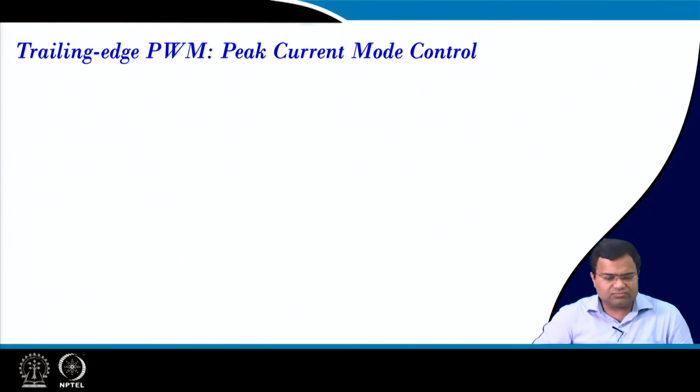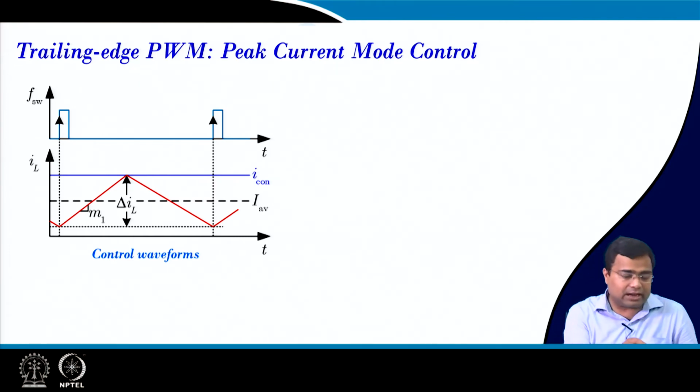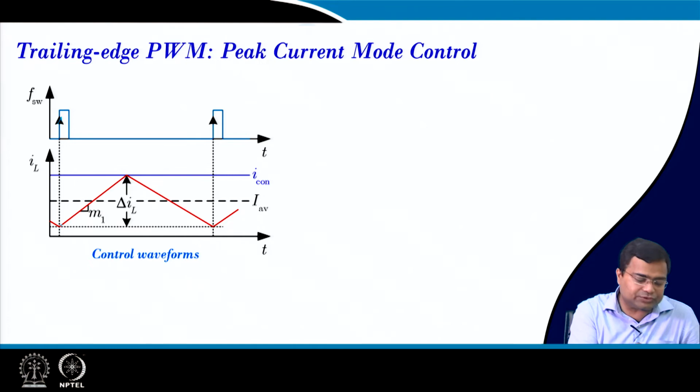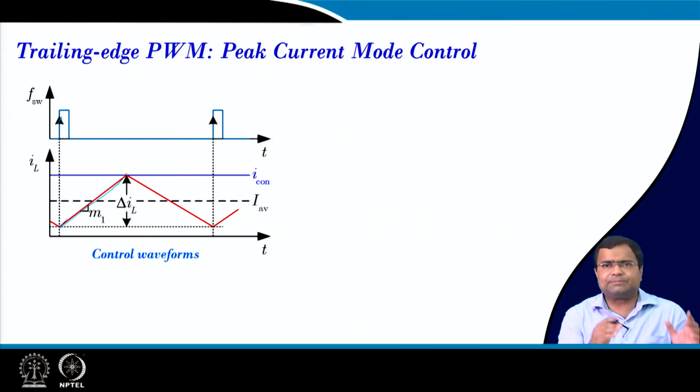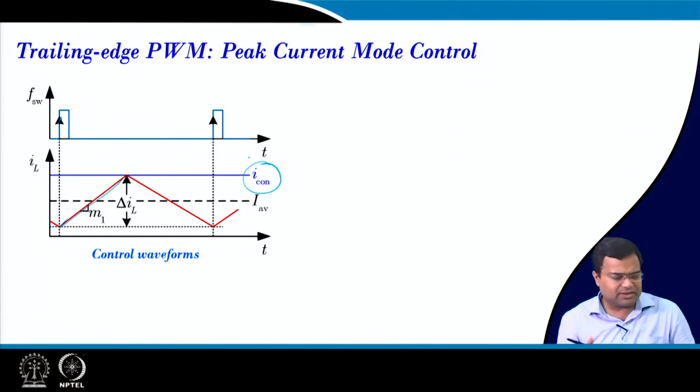If you talk about peak current mode control, again the switch will turn on at the rising edge of the clock. You can see the switch will turn on and the inductor current will start rising during the on time, irrespective of whether it is a buck or boost converter. When the inductor current reaches the peak current, which is the control current or the peak reference, then the switch turns off, and once the switch turns off, it cannot turn on again.